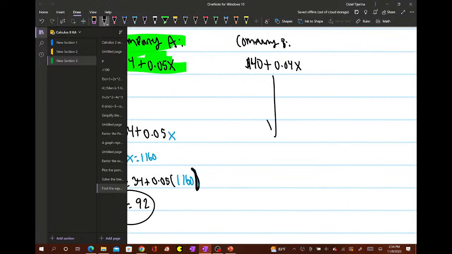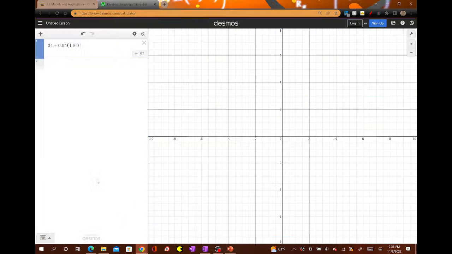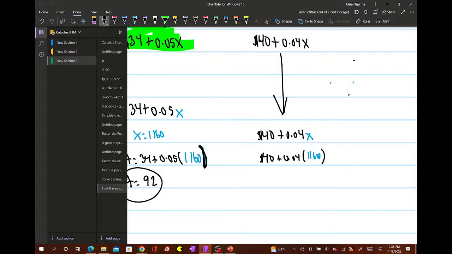You're going to plug in 1160, so $40 plus 0.04 times 1160, right? If we do that, we have $40 plus 0.04 times 1160, and it's about $86.40 for that one.